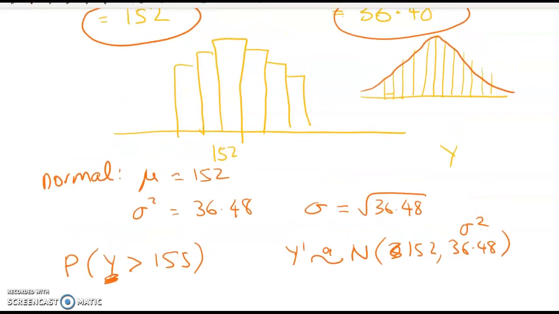Think of each value as being a bar. So the bar at 152 goes like that, and the bar at 153 goes like this. So we want greater than 155 people who are, what are they doing? Wearing watches or something.